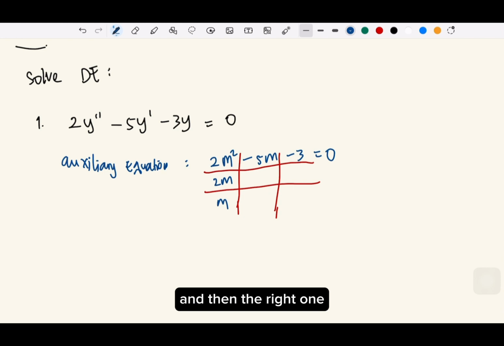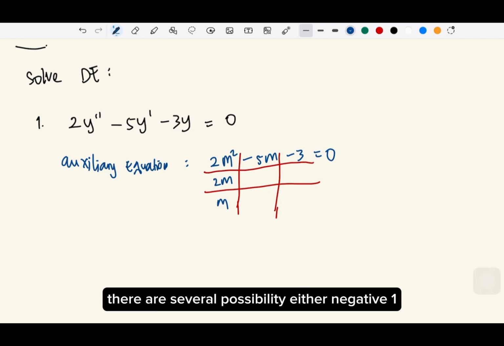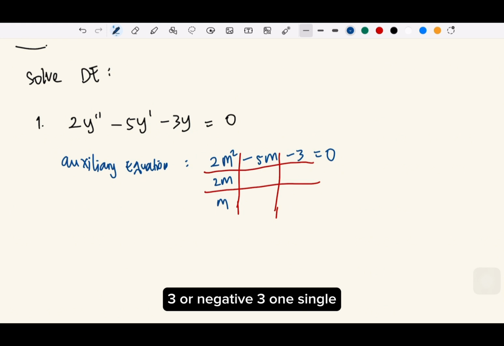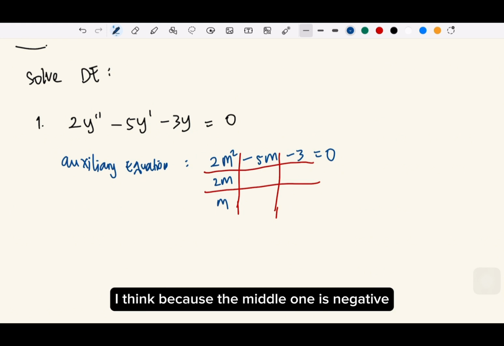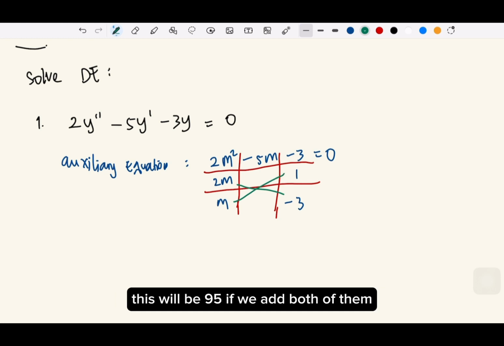And for the right one, to get negative 3, there are several possibilities, either negative 1, 3 or negative 3, 1. Because the middle one is negative, I think this will be the best way, because if we cross multiply, this will be negative 5 if we add both of them.